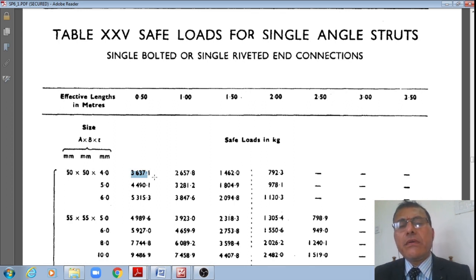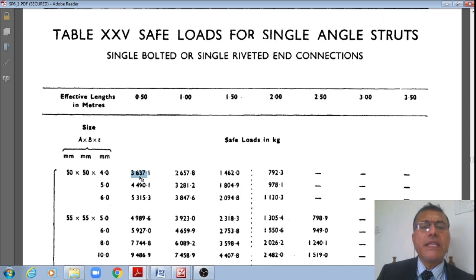Kg multiplied by 10 means 36371 newtons, which is equal to 36.371 kilonewton. If you use the same 50 by 50 by 4 with 1 meter, it can now resist a safe load of 2657.8 kg, and so on.